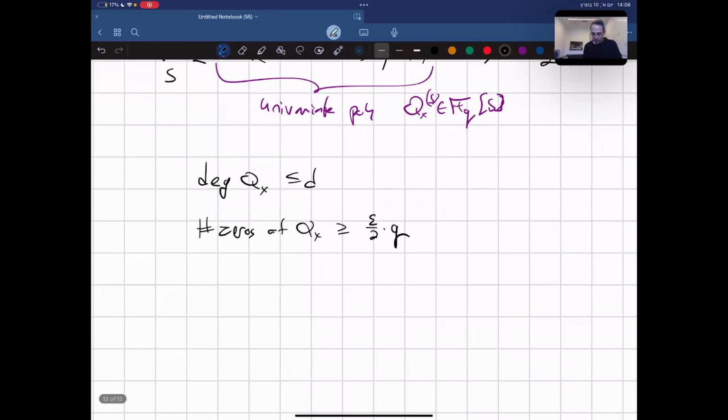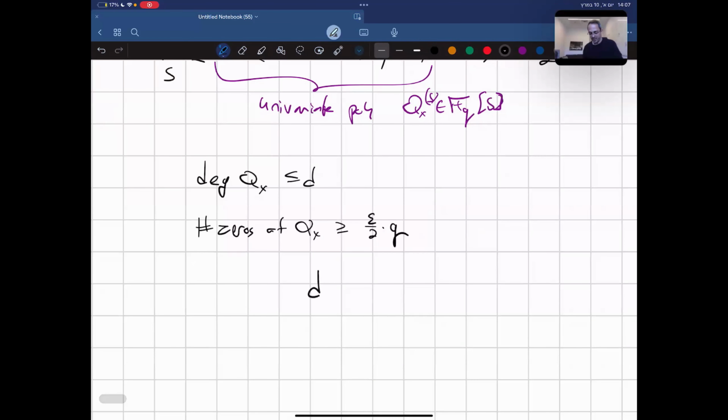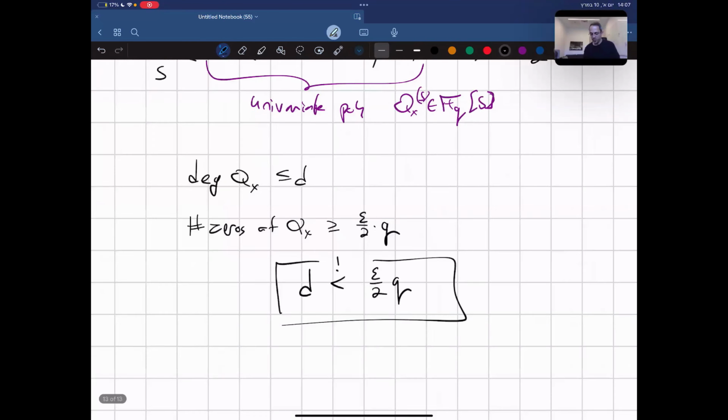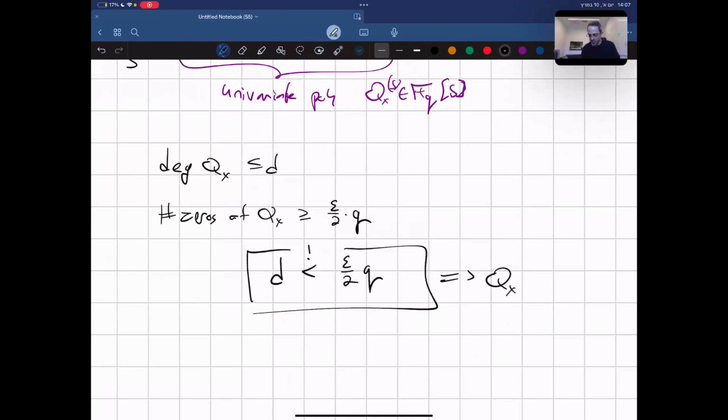So if we choose the parameters such that d is smaller than the number of zeros, which is something that we'll choose, then we get that Q sub x is the zero polynomial. Right? That's the cool thing about polynomials. If they move over some threshold of zeros, then they are just the zero polynomial. You can't have any number of zeros. There is a sharp threshold there.